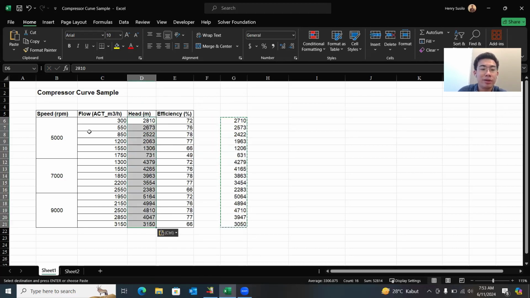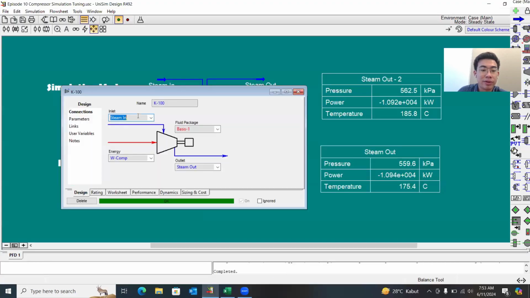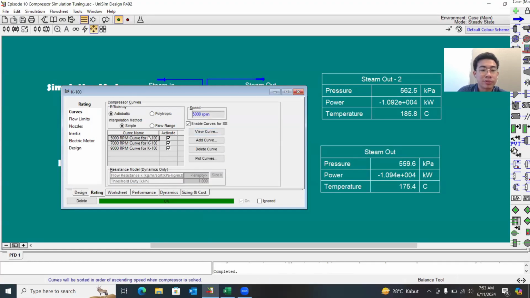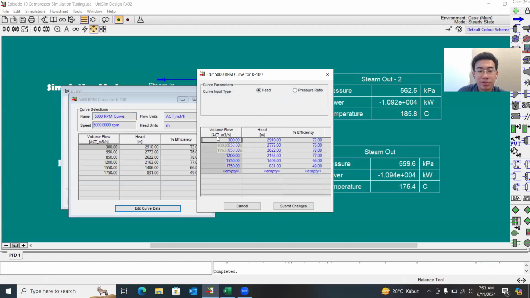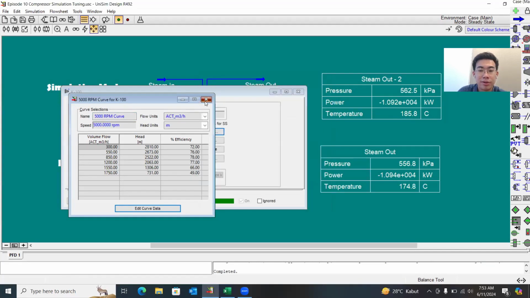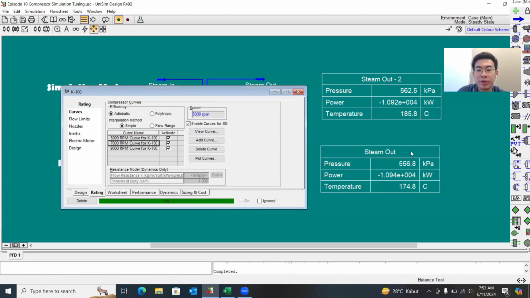Okay, and I will implement it to the curve. And you will see that the pressure is decreasing. It becomes 556.